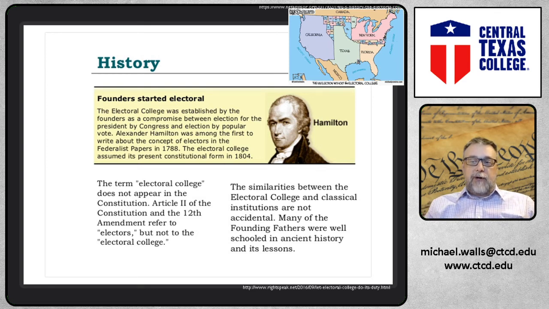So this Electoral College idea is sort of a compromise between saying we're going to let Congress choose the president and we're going to let the people choose the president. The reality is they don't really trust either one, so they're going to kind of meet in this weird way in the middle. And so Alexander Hamilton's one of the people that kind of comes up with this idea, and it gets adopted.